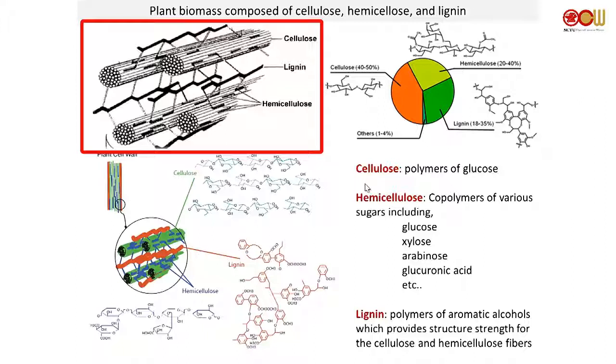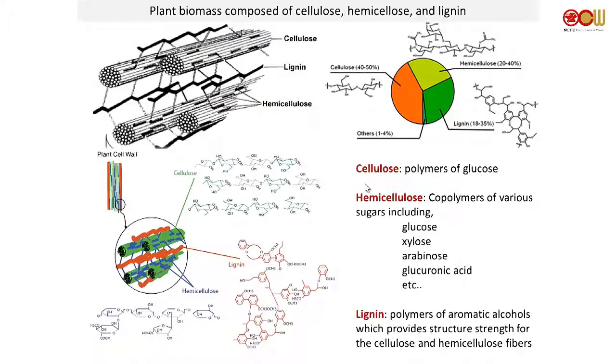The white ones represent cellulose, and between the white ones sometimes you have hemicelluloses. That's just how plants provide structure to the cell wall. Most importantly, the structure is actually held by this thing called lignin.